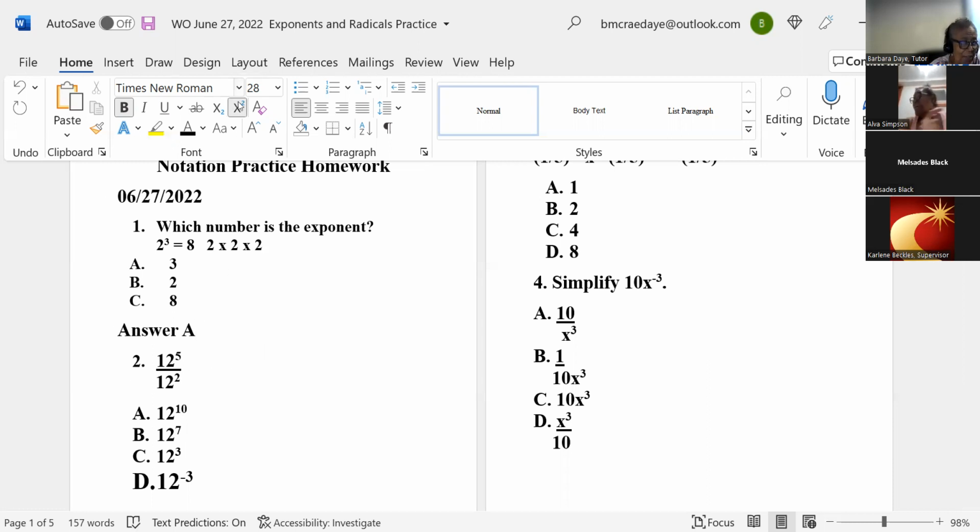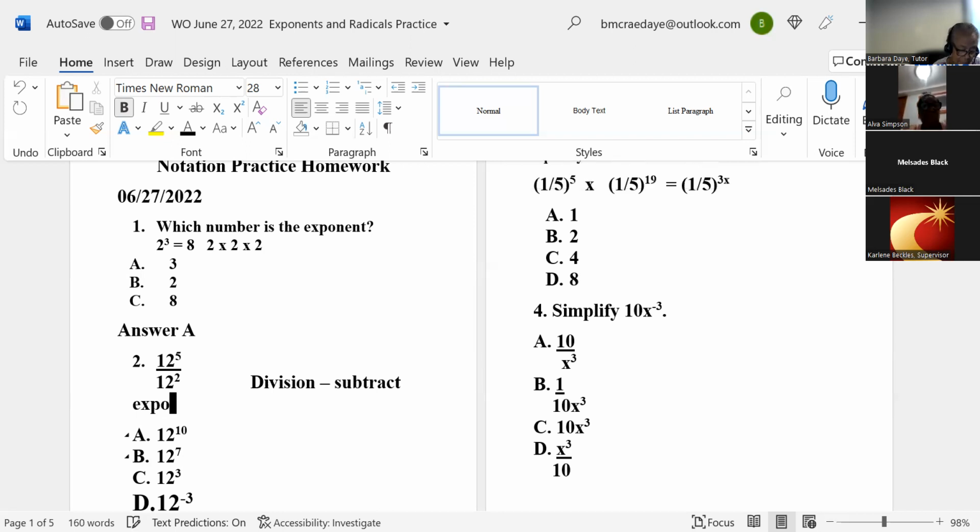I got that one wrong. But remember your rules. You have to refer back. I gave you a list of the rules. You remember the properties we've been going through? Yes, ma'am. So when you're doing division, you subtract the exponents.